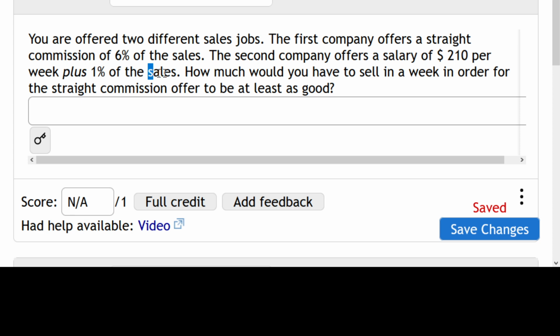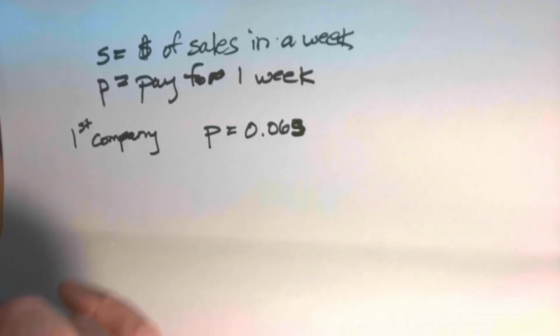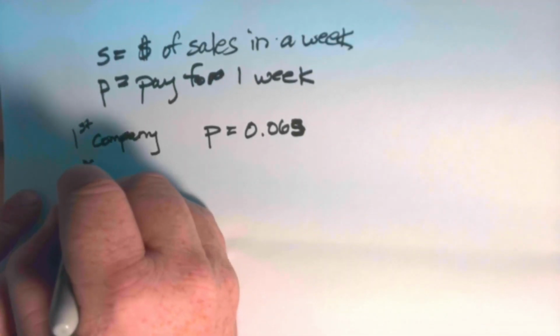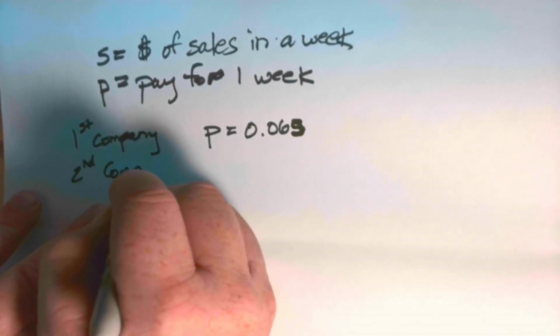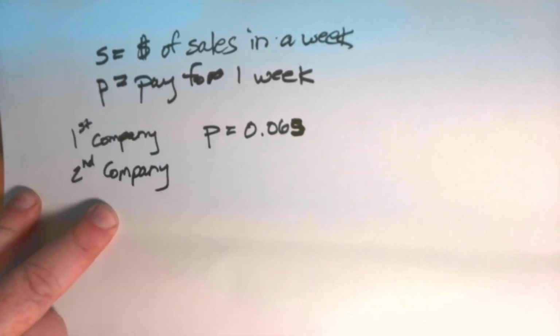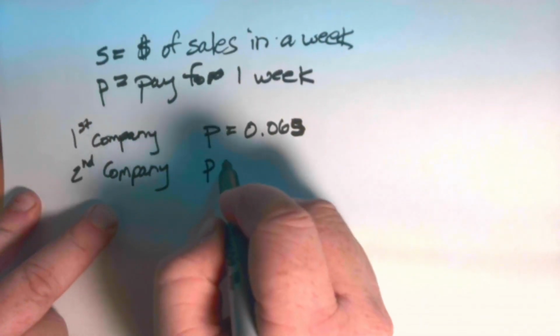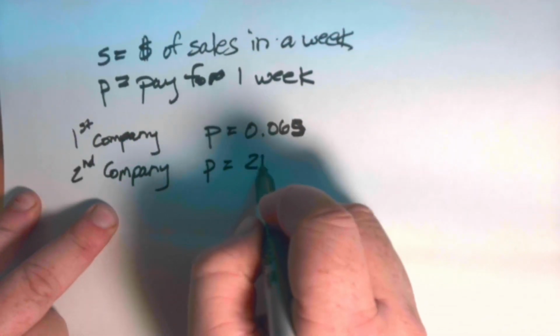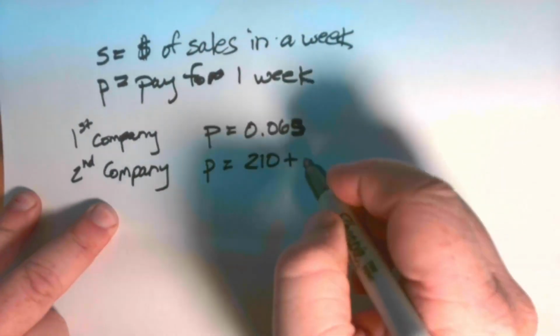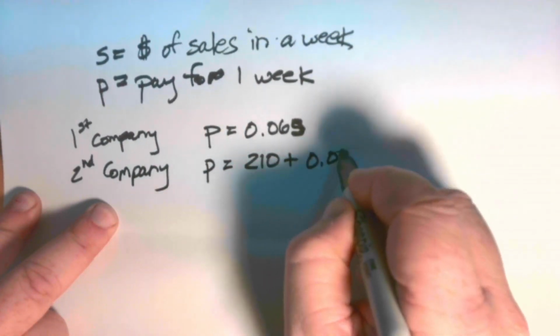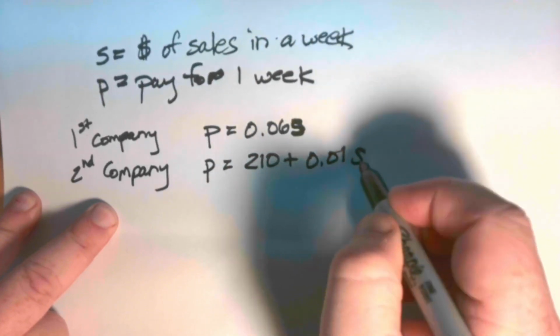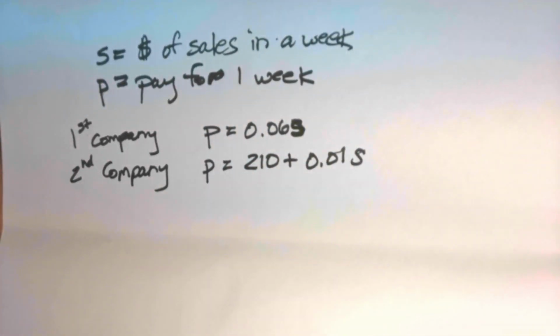So if I look at my second company now, for the second company, my pay is going to be $210 plus 1%, 0.01 times my variable S. Okay, so now I've got a system of equations.